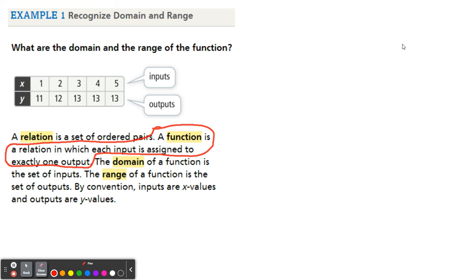The domain is going to be our inputs. So if you look up here in this table, the inputs are the domain values. And our range is going to be the set of output values. So our outputs here are the range.